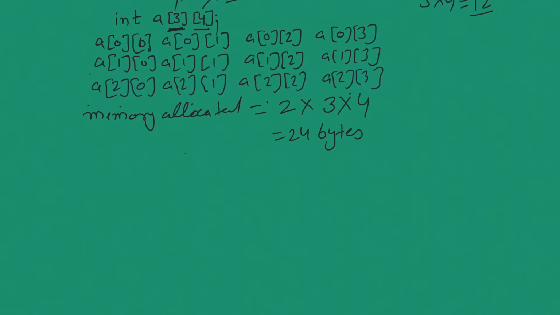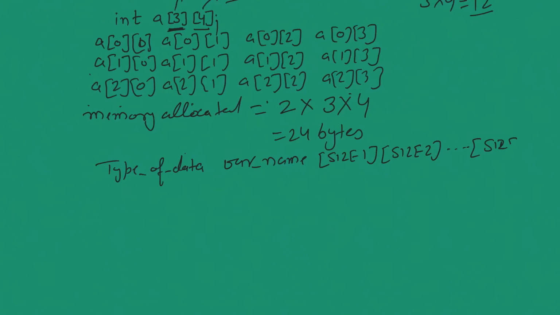Similarly, we can define the multi-dimensional array. In this, it will be the type of data, the variable name, the first dimension size 1, the second dimension size 2, and so on up to size n. So this is an n dimensional array.